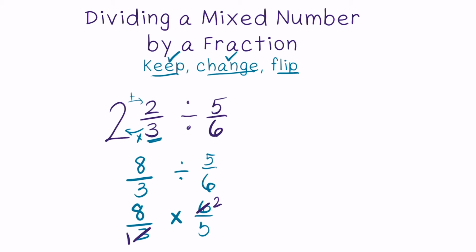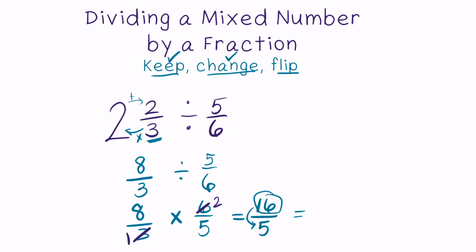We can then multiply across using simpler numbers, starting with the numerators. 8 times 2 equals 16, and the denominators. 1 times 5 equals 5. Here we have a fraction greater than 1, or an improper fraction of 16/5. Our numerator is bigger than our denominator, which we don't like for a final answer. So we can simplify this into a mixed number or whole number by taking the numerator of 16 and dividing it by 5.